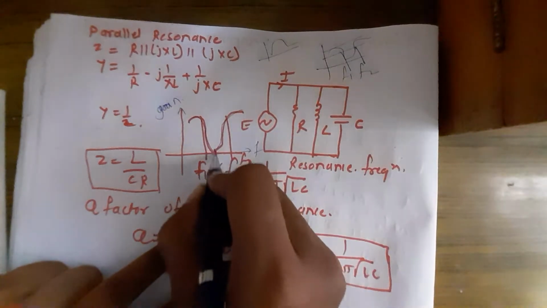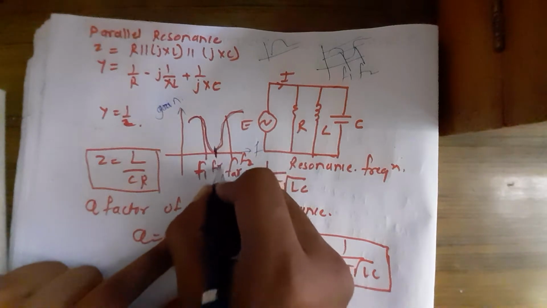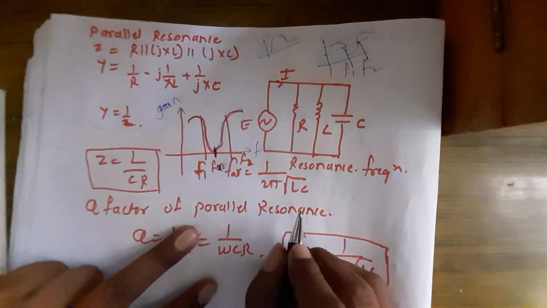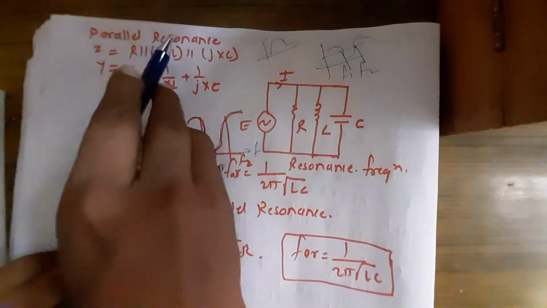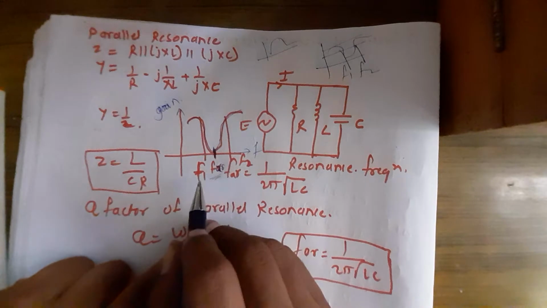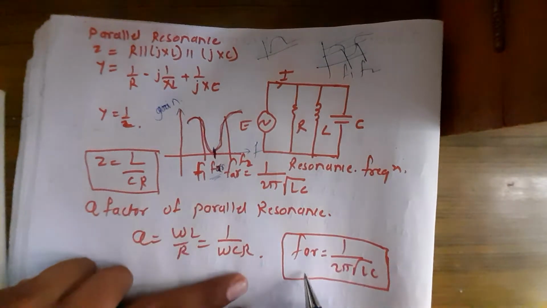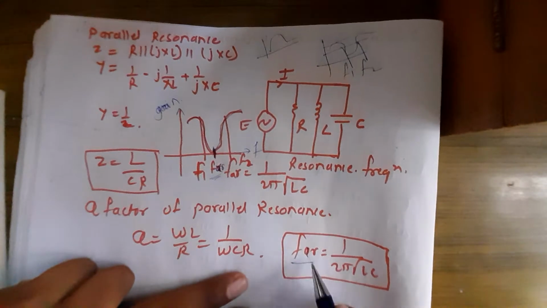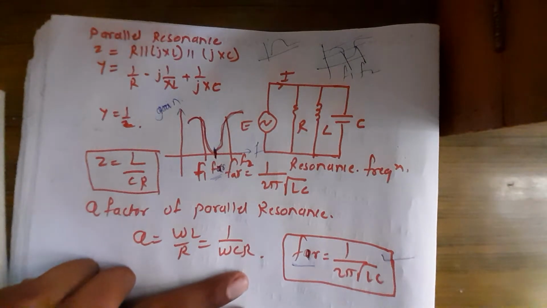At the lowest level we get the frequency called FAR, the frequency of an anti-resonance circuit. Parallel resonance is also called anti-resonance. The formula is FAR, not FR, equals 1 upon 2 pi under root of L into C. This is the frequency of a parallel resonance circuit.